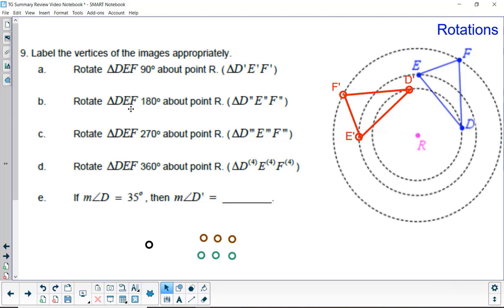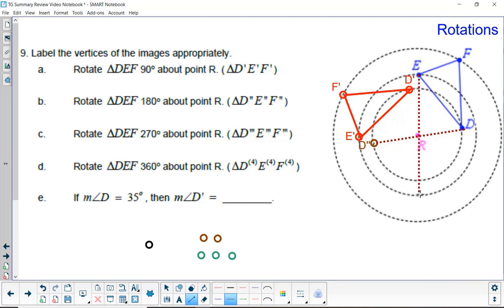Part B, rotate the same triangle about R 180 degrees. That would be pretty much a straight angle. So I'm going to start with D, go straight through R and make a straight angle right across there. And so that's where D double prime would be. Same thing with E to E double prime.